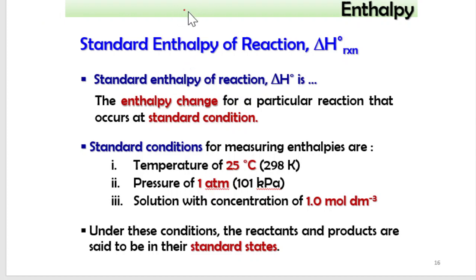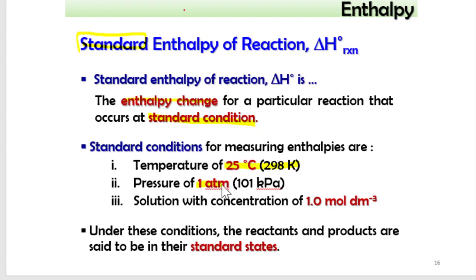Okay, so standard enthalpy ni pula, okay, you can see delta H kita dah tahu. Okay, standard enthalpy, so kalau kamu nampak perkataan standard, okay, it means that the enthalpy changes happen at standard condition. So, apa tu standard condition? Means it must be at 25 degree ataupun 298 Kelvin.